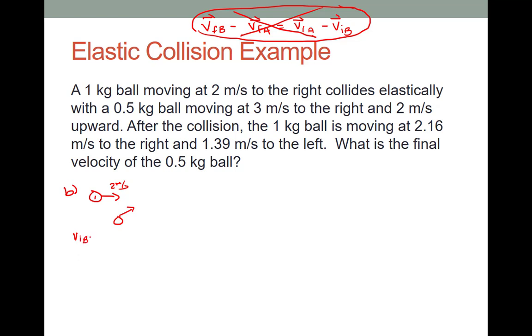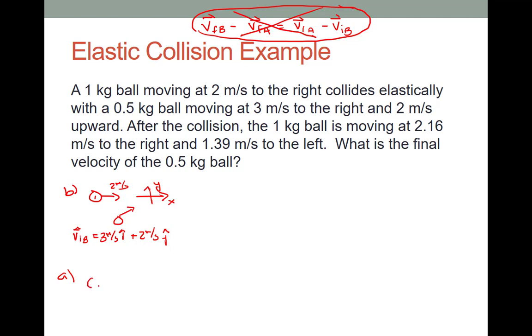The initial v of B equals 3 meters per second i hat plus 2 meters per second j hat, using again a standard xy coordinate system.